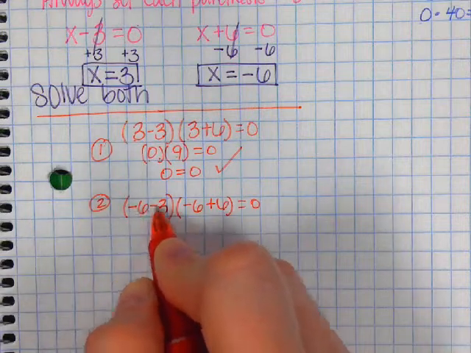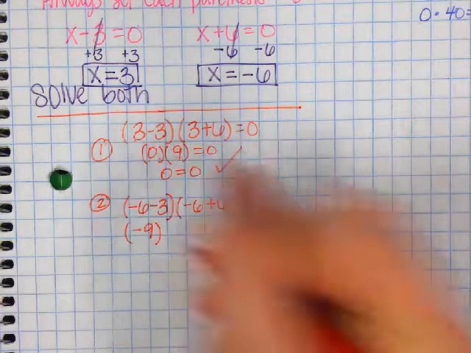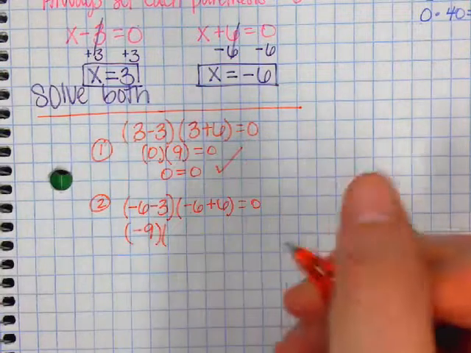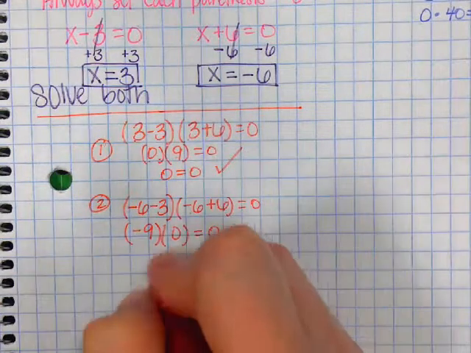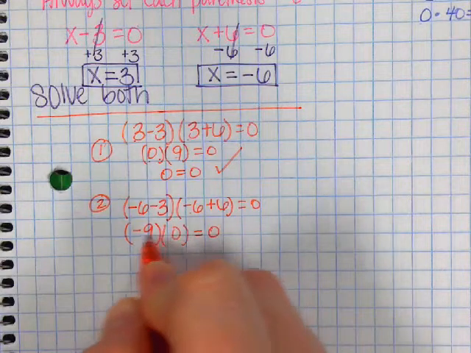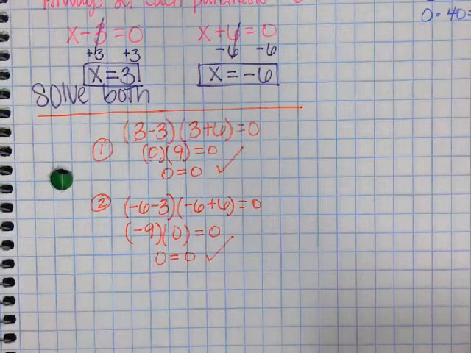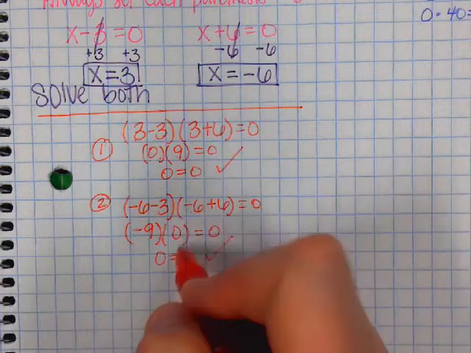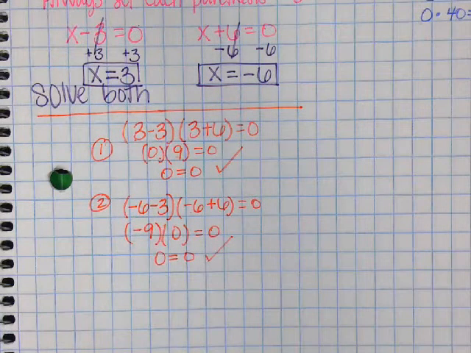Negative 6 minus 3, both of them are negative, so it would be negative 9. And then negative 6 plus 6 is 0. And negative 9 times 0 is 0. So they're both equal to 0. So both of those are solutions.